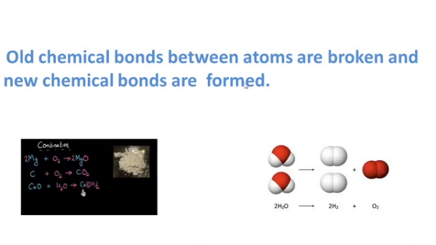Here 2H2O forms 2H2 plus O2. The old chemical bonds between atoms are broken, and new bonds are formed between hydrogen and oxygen.